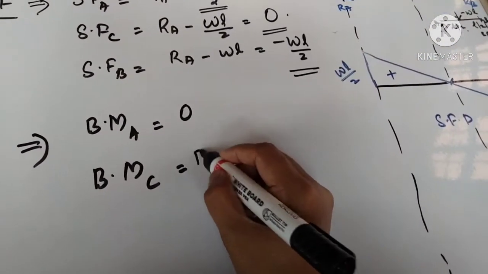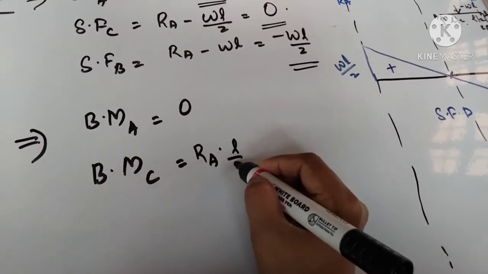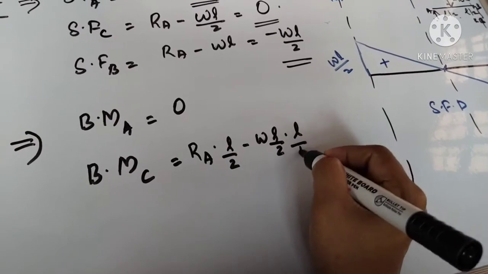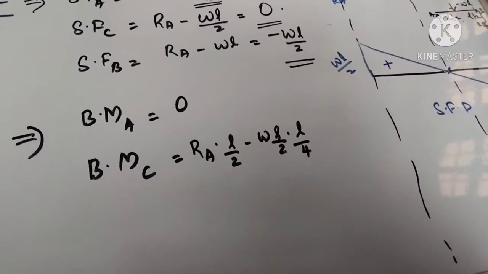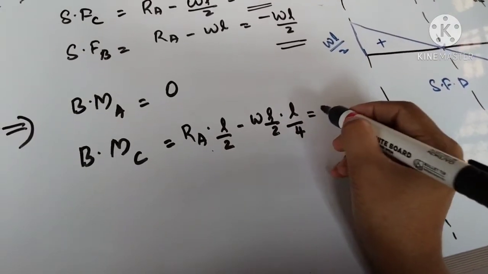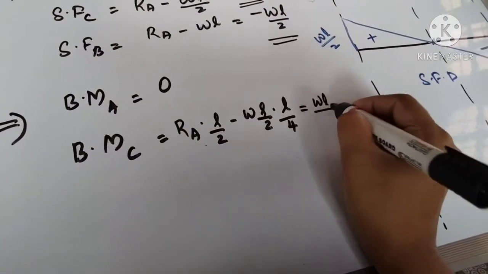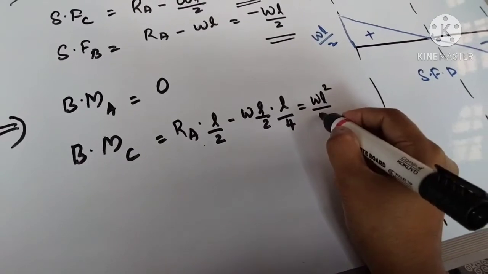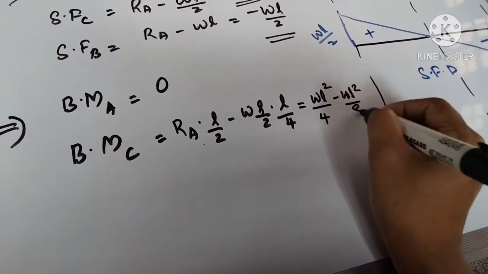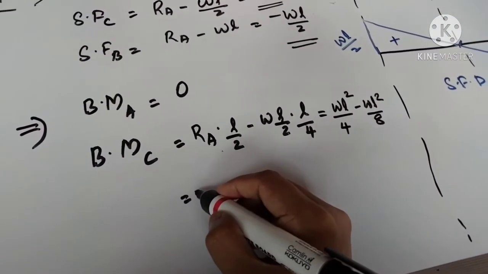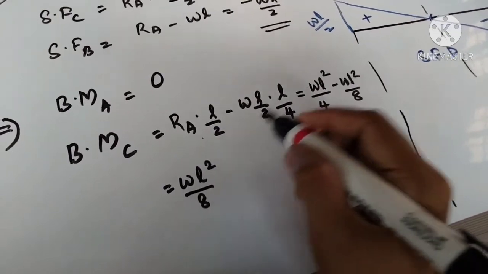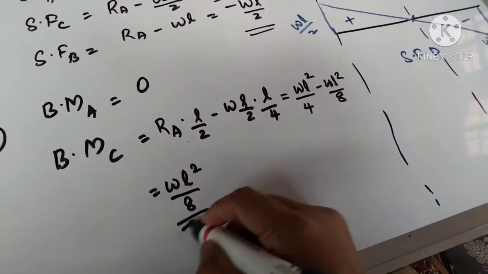Substituting the value of RA as WL by 2, it is WL square by 4 minus WL square by 8. So it will be WL square by 8. That is the bending moment.